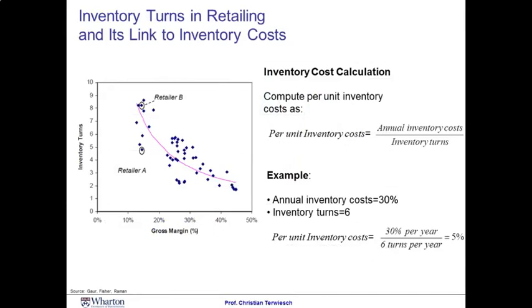To see the economic importance of inventory turns, consider the following data. This is data compiled by my colleagues Gaur, Fisher, and Raman, which shows the gross margin and the inventory turns for large publicly traded US retailers. To understand the economic implications of inventory turns, we have to first understand the concept of inventory cost.